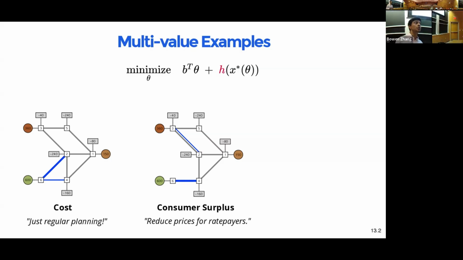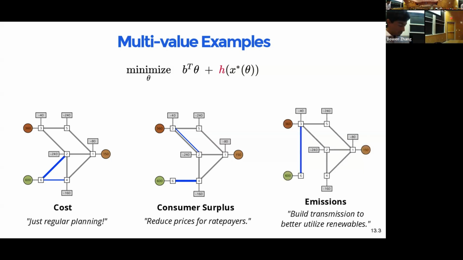If the utility at node 2 is being told, build new transmission to connect this renewable generator source, then this is actually the investment they want to build because that'll help their ratepayers the most. And in a third scenario, if you're the state government trying to build transmission to connect renewables in order to abate emissions, you actually want to build a line this way, because that will change the market dynamics. And as it turns out, that'll displace different generation sources.